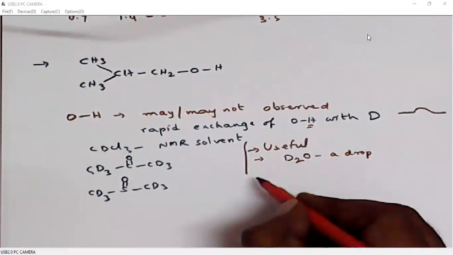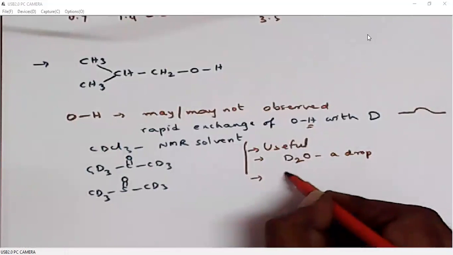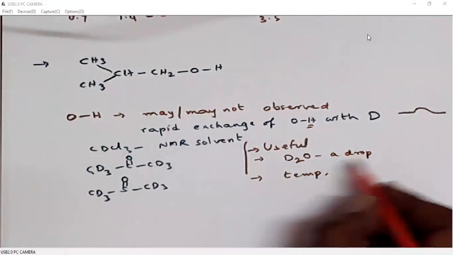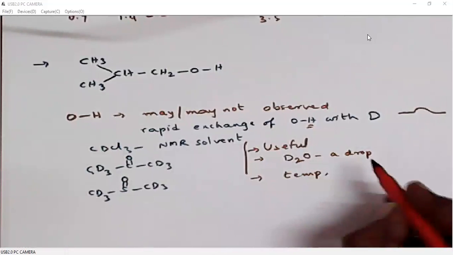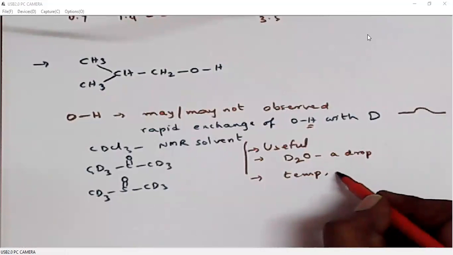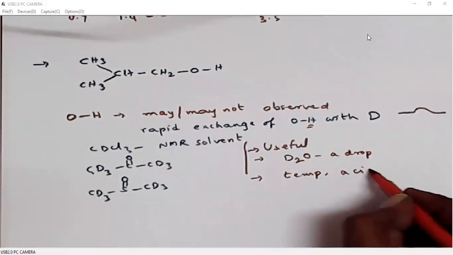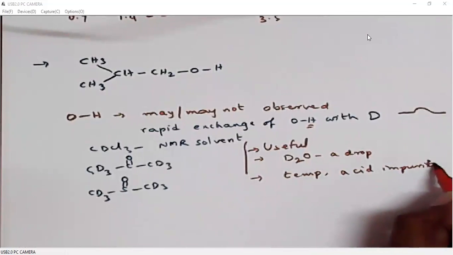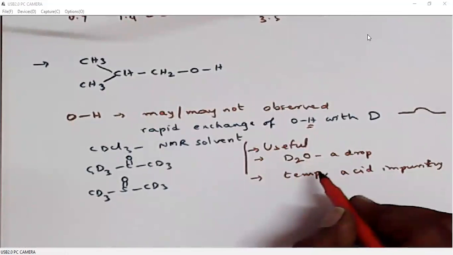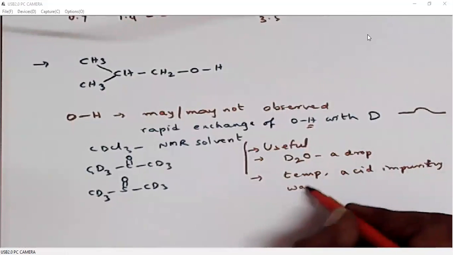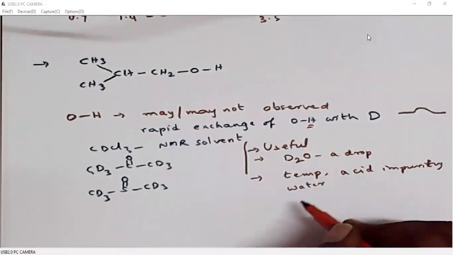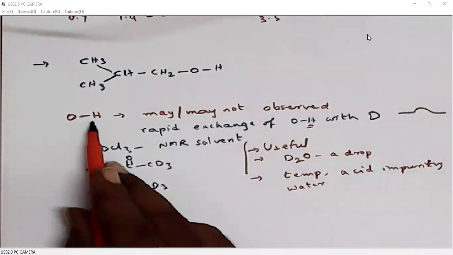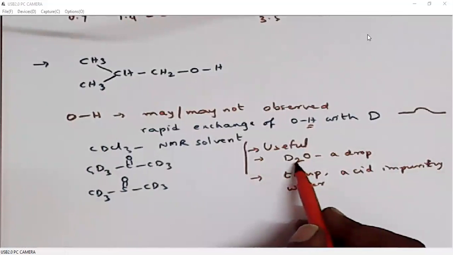The exchange is made faster either by raising the temperature, or due to the presence of a small amount of acid impurity. We can use some acid to increase the exchange, or we can also add some water to the solution. Due to that, the OH proton will undergo rapid exchange with deuterium.